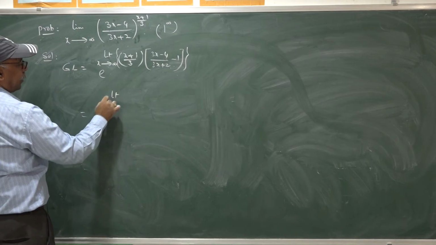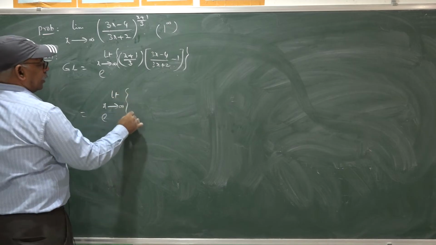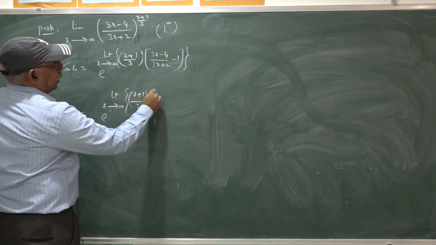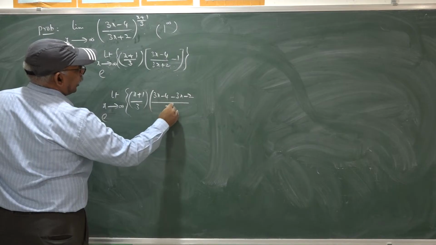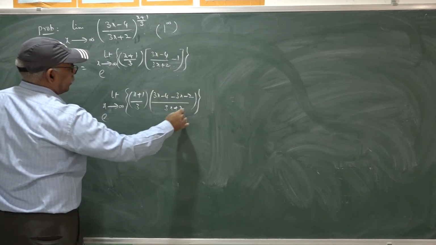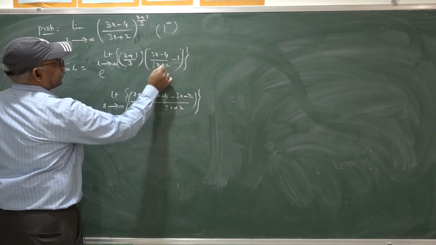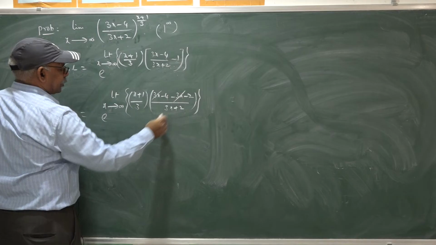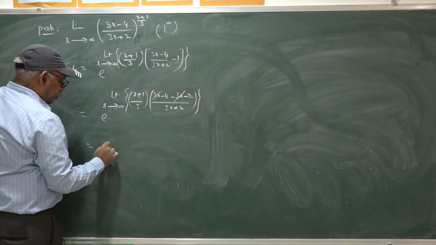This is e power limit as x goes to infinity, (x plus 1) by 3 into (3x minus 4 minus 3x minus 2) by (3x plus 2). Because on taking LCM and on simplification, 3x minus 4 minus 3x minus 2, you can remove 3x. Minus 4 minus 2 gives us minus 6 by 3, which is minus 2, a constant.